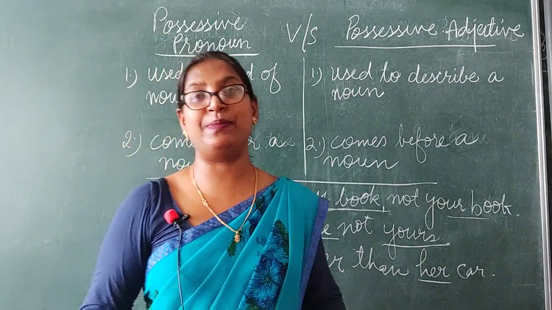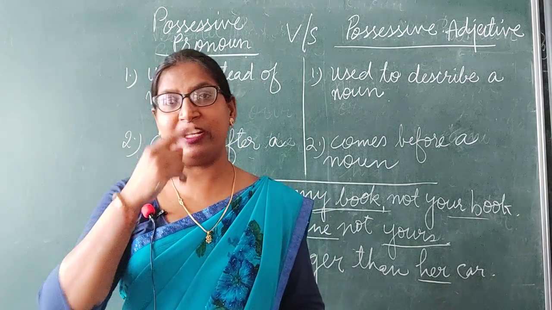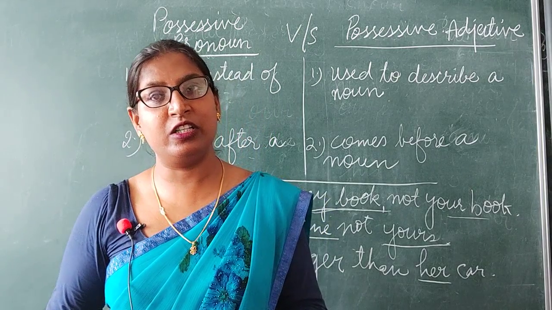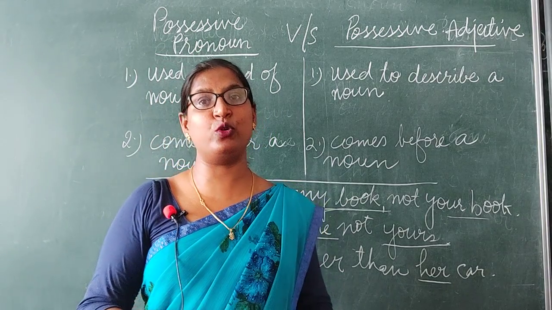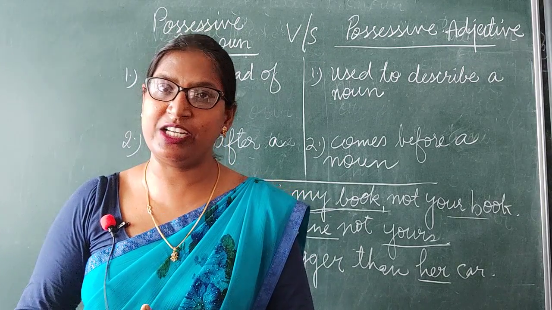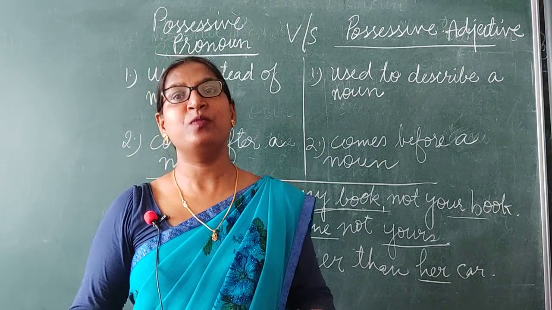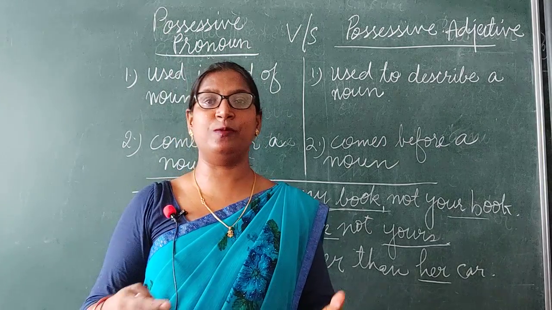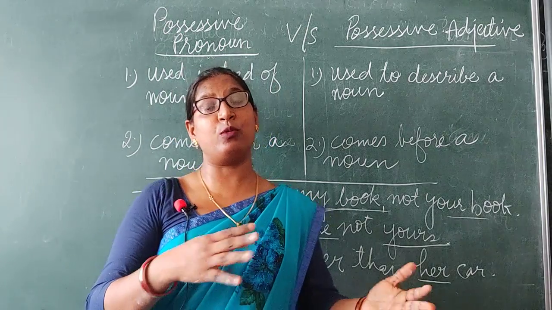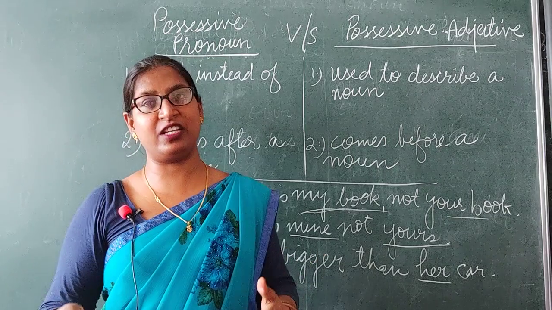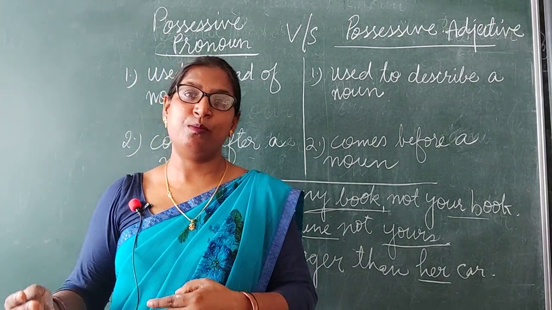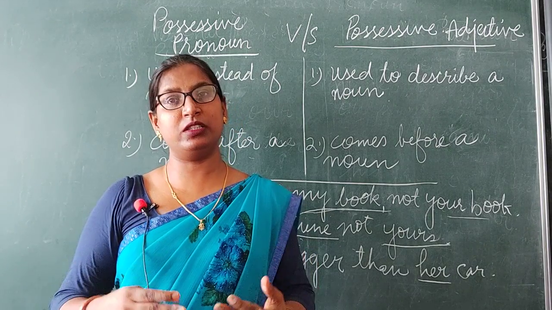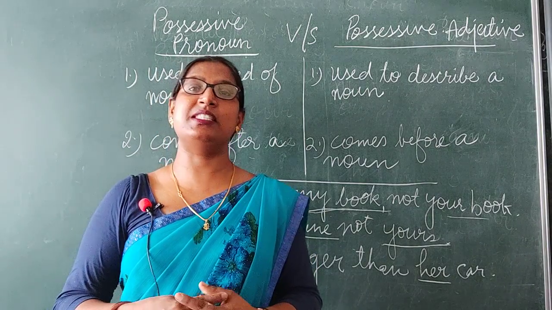So this is the simplest way to find out whether the word is a possessive pronoun or a possessive adjective. A pronoun replaces a noun. Adjectives qualify a noun or describe a noun. Possessive pronouns usually take place after the noun in a sentence, but possessive adjectives usually take place before the noun in a sentence.